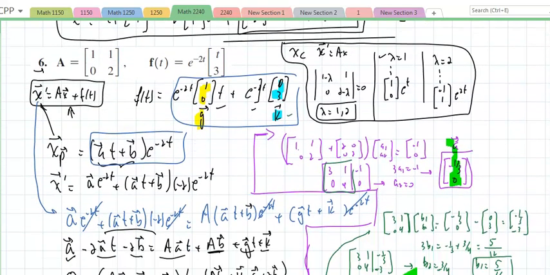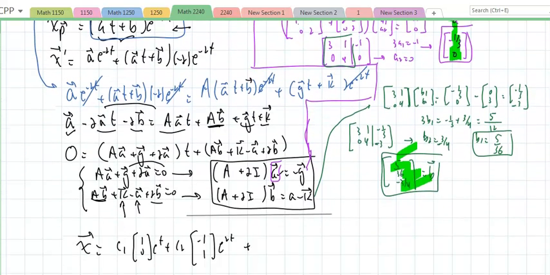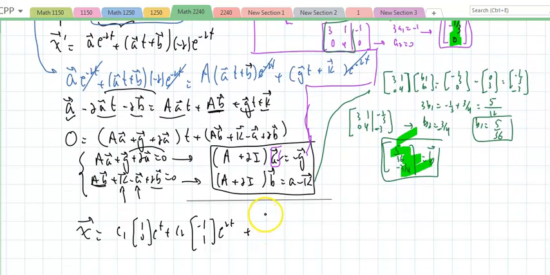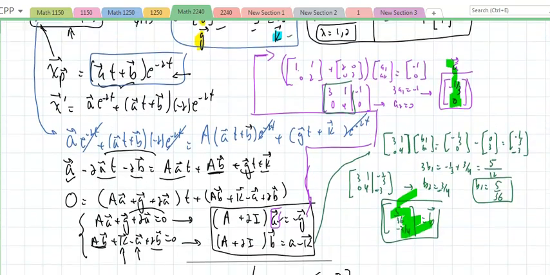I lost it. I had it. Oh, it's right there. Plus At plus B times e to the negative 2t.